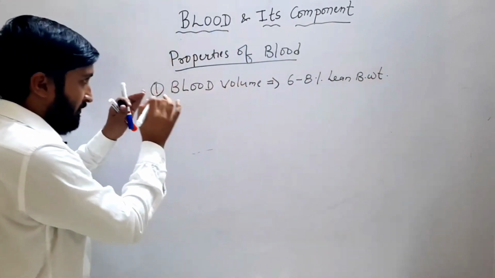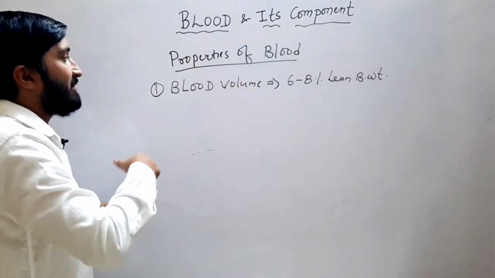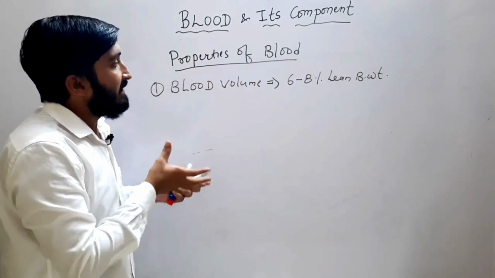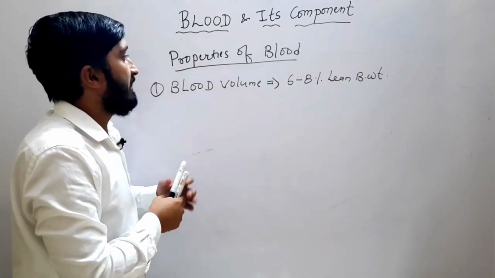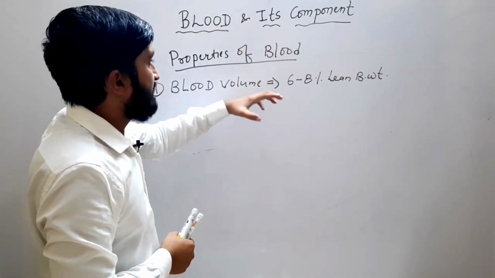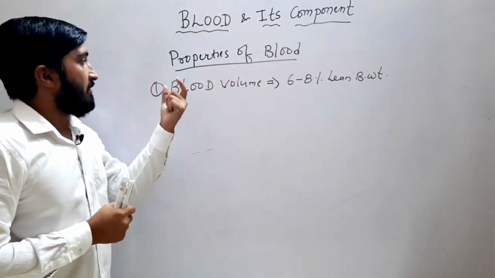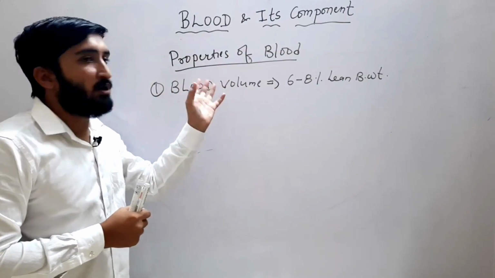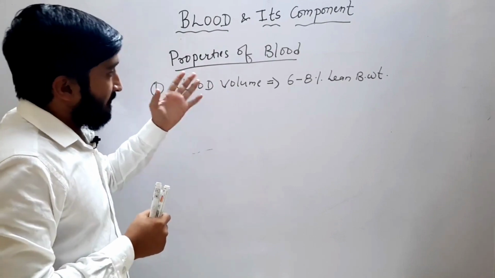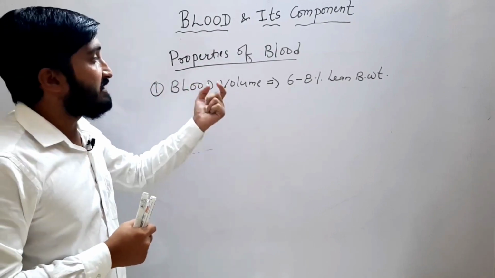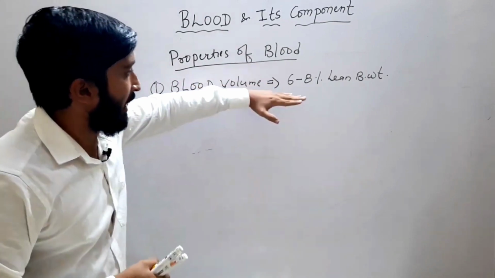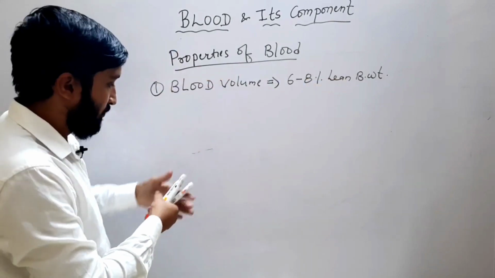So this is an average condition. Sometimes the blood volume becomes more or less, so many different body mechanisms are involved in maintaining the standard conditions. For example, the kidney is involved in maintaining constant body volume by the RAS mechanism, the renin, angiotensin, aldosterone system. So different organs are involved. On an average, 6 to 8% is the blood volume.